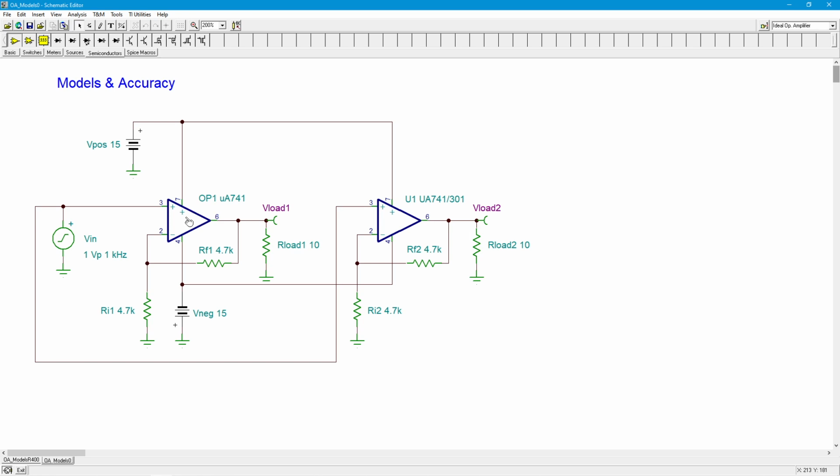But does that invalidate what we did elsewhere? No, not necessarily. When we looked at the transient response with a 10K load, these things matched. It was perfectly good. And when we looked at the frequency response, they were very, very close, except for the very highest frequencies. So again, it all depends on what your use is.